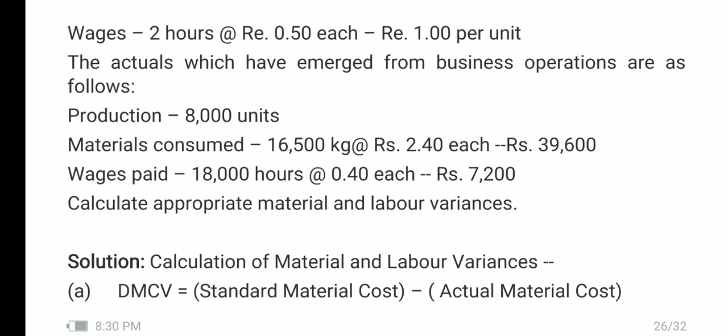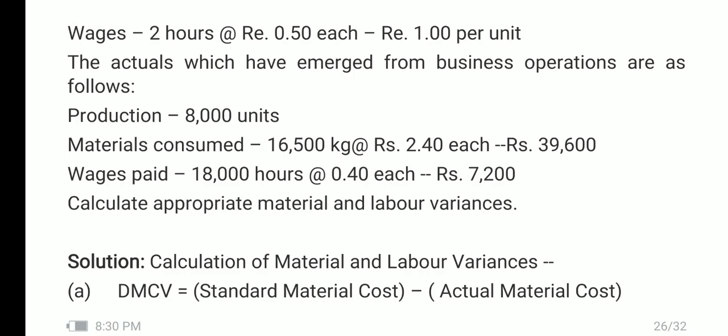That means to produce 1 unit of the given product, 2 hours are required, that is specified, and 50 paise, 0.50 rupee, means 50 paise per hour is the standard wage rate fixed. Naturally 2 hours into 50 paise is 1 rupee labor cost per unit of product.